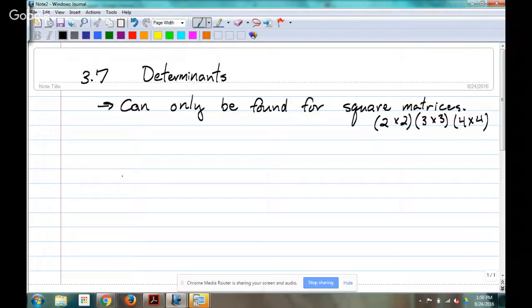So let's define the determinant of a 2 by 2: A, B, C, D are the elements in there. The way that works is you multiply diagonals: A times D minus B times C. 2 by 2s I generally do by hand.